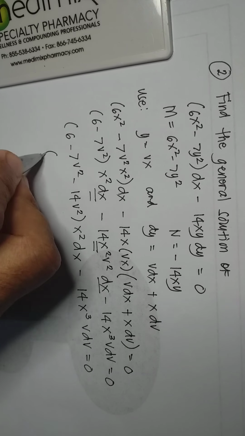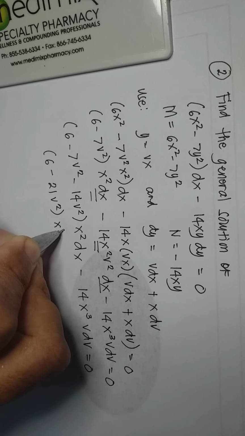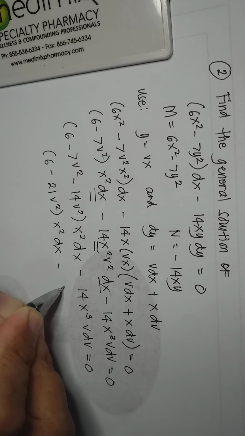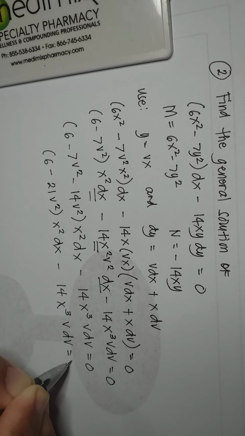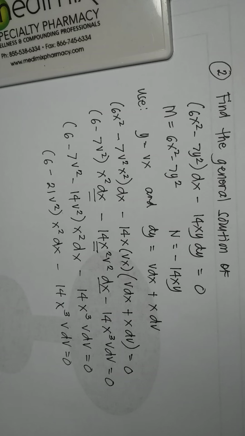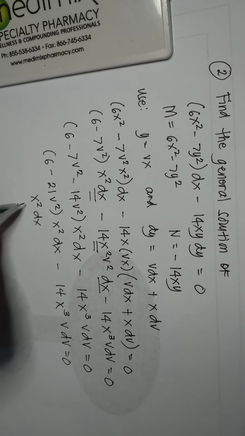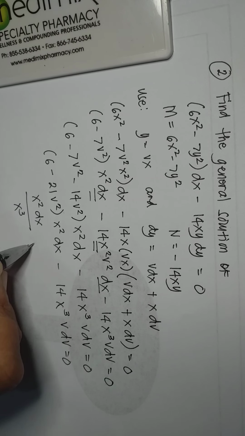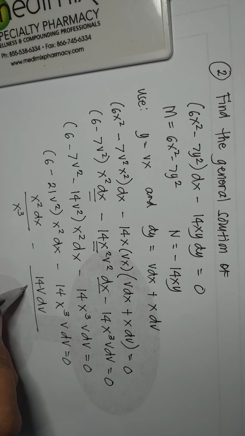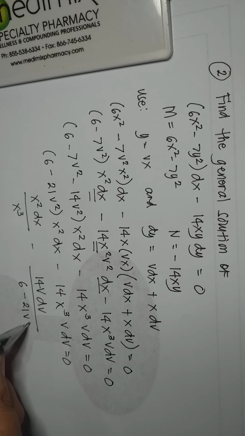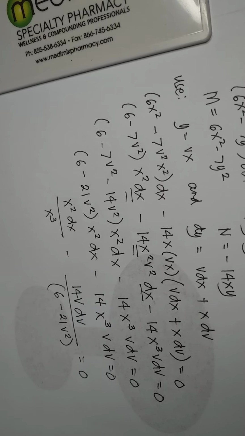Or simplifying this, we have (6 minus 21v squared) x squared dx minus 14 x cubed v dv is equal to 0. Separating the variables, we have x squared dx over x cubed minus 14v dv over 6 minus 21v squared is equal to 0.